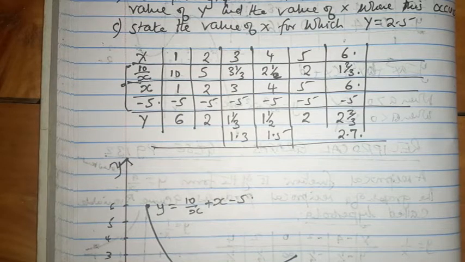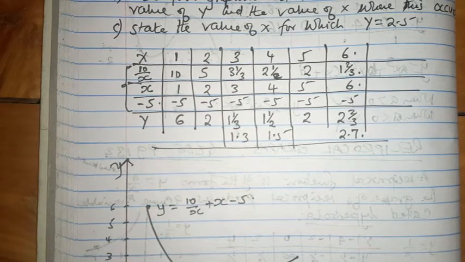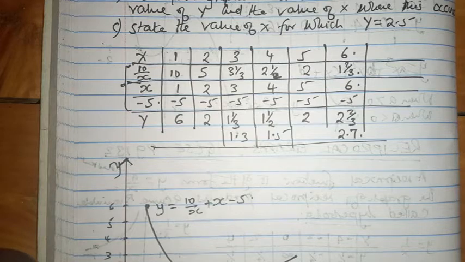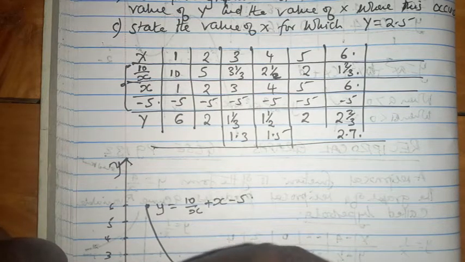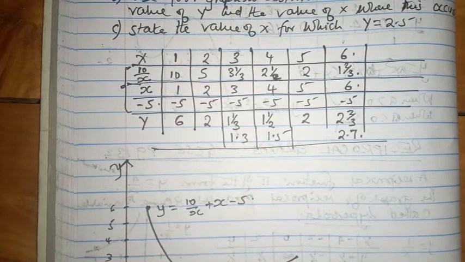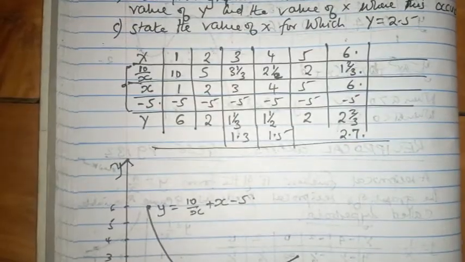So you draw a tangent. To answer this question, you must be able to draw a straight line that connects with the smallest value of y, and it should be very accurate. That's the smallest value of y. And as you can see, the smallest value of y is this one.